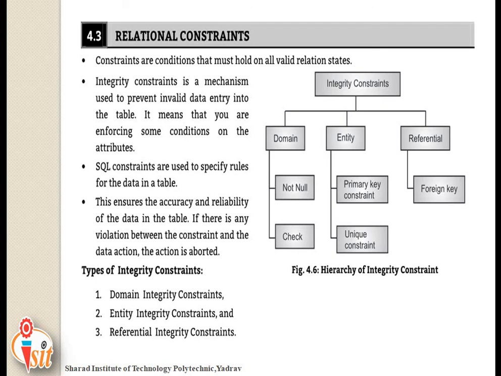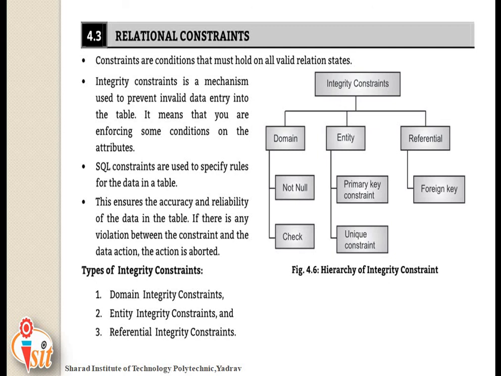This is called referential integrity. Referential integrity refers to the accuracy and consistency of data within a relationship. In referential integrity, the foreign key is the type of referential integrity.